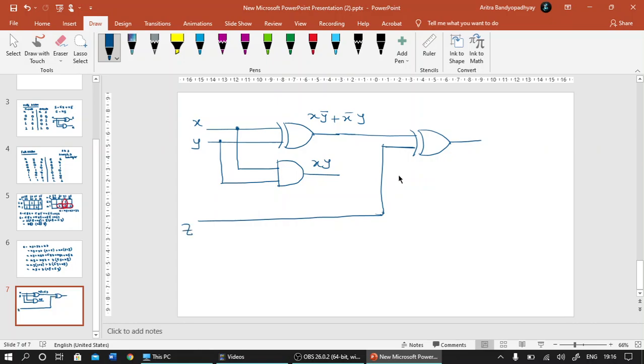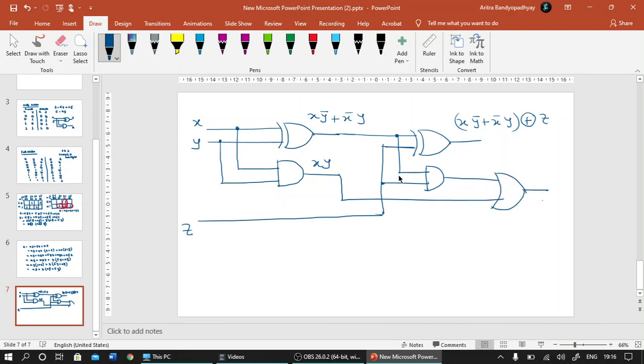For the second XOR gate, if we consider the third input z, it is nothing but (xy complement plus x complement y) XOR z, and this is the AND gate representation. This is carry. This is actually z.